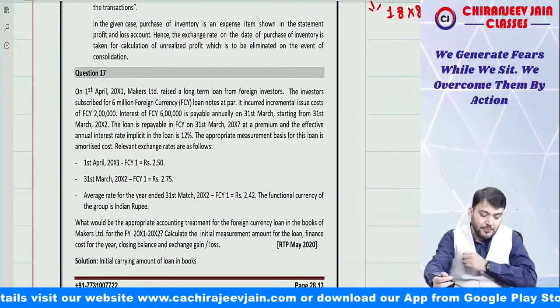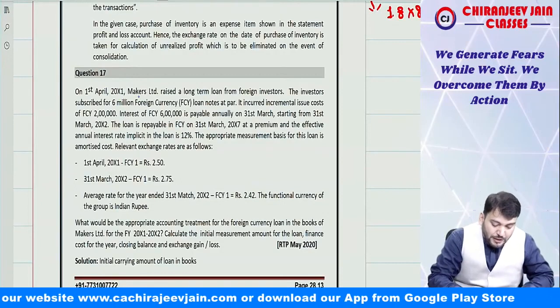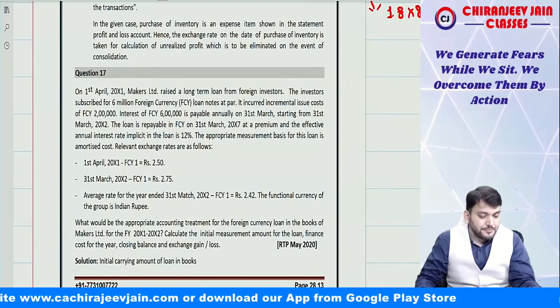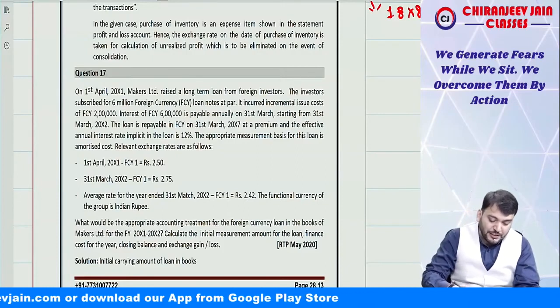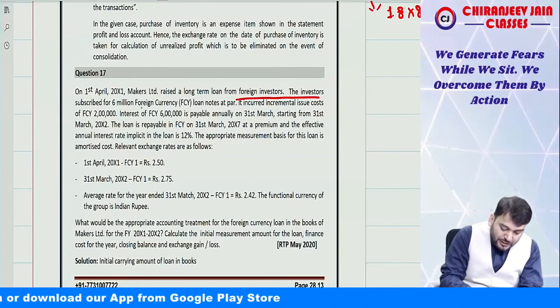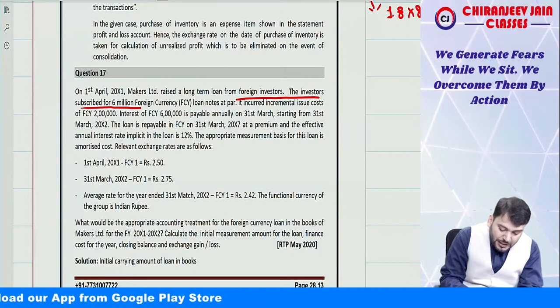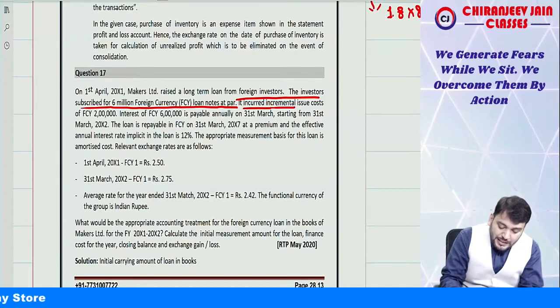Question number 17. On 1st April 2001, Makers Limited raised a long-term loan from a foreign investor. The investor subscribed for 6 million foreign currency loan notes at par. It incurred incremental cost of 2 lakh FCU, foreign currency.